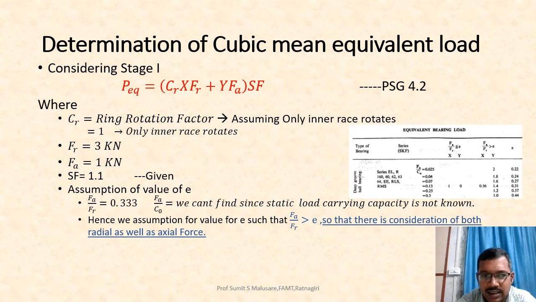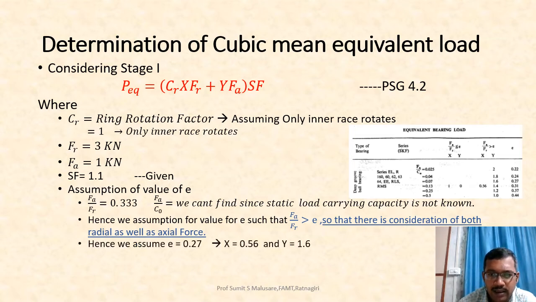As I already stated, don't go for the extreme lower or extreme higher available values, go for intermediate values. So I will consider E equal to 0.27, so X comes out to be 0.56 and Y comes out to be 1.6. P equivalent comes out to be 3.608 kilonewtons.